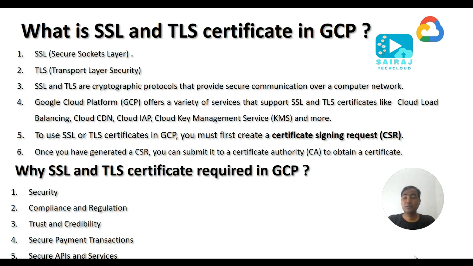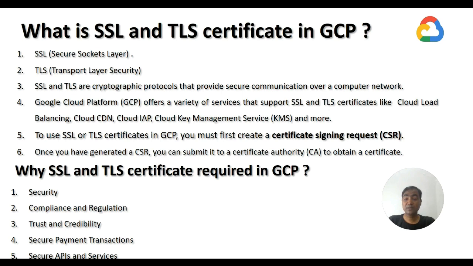Guys, you know, Google Cloud Platform offers a variety of services that support SSL and TLS certificate like Cloud Load Balancing, Cloud CDN, Cloud Key Management Service KMS, Cloud IAP. You know guys, the Cloud Load Balancing can be used to distribute traffic across the multiple instances of a web application. SSL and TLS certificate are used to secure traffic between clients and load balancer in Google Cloud Platform.